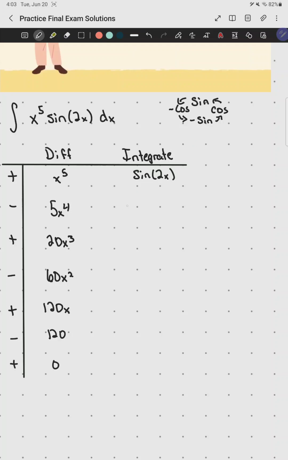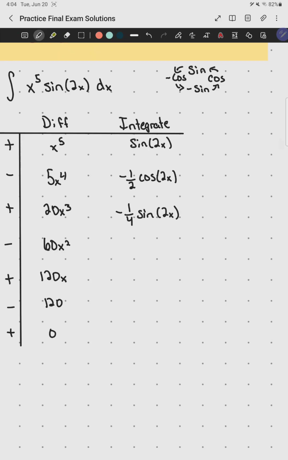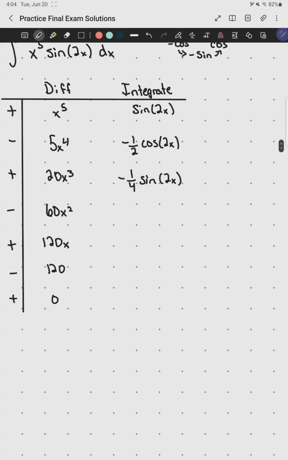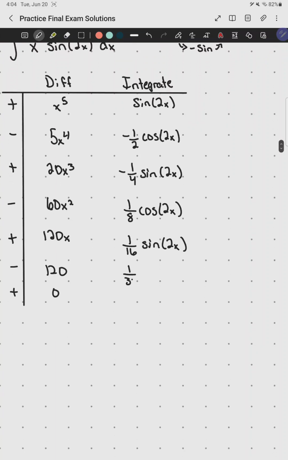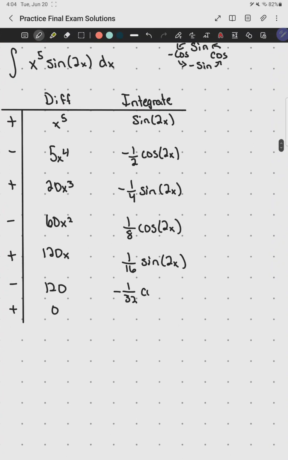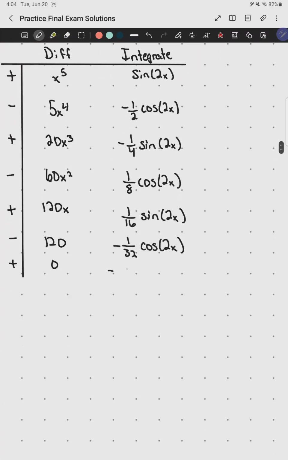So we have negative 1/2 cosine of 2x, negative 1/4 sine of 2x, 1/8 cosine 2x, 1/16 sine 2x, 1/32 minus cosine 2x, and from here we're left with a negative 1/64 sine 2x.